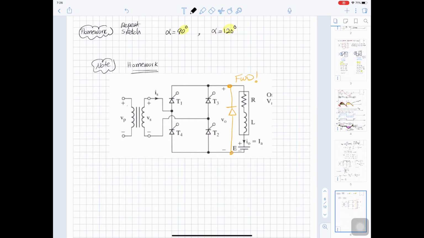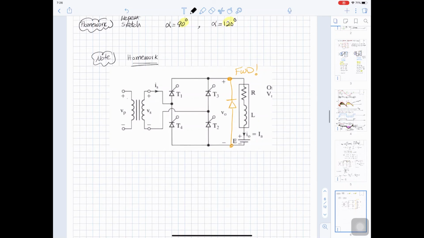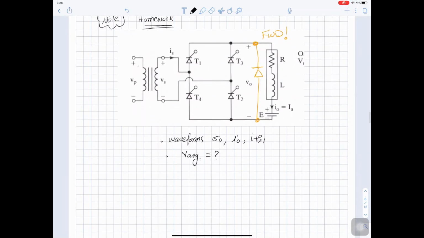What will it change in the waveforms for V out, I out, and I thyristor 1? And what will it change for V average? So what will be the expression for V average if we added a freewheeling diode for this circuit?